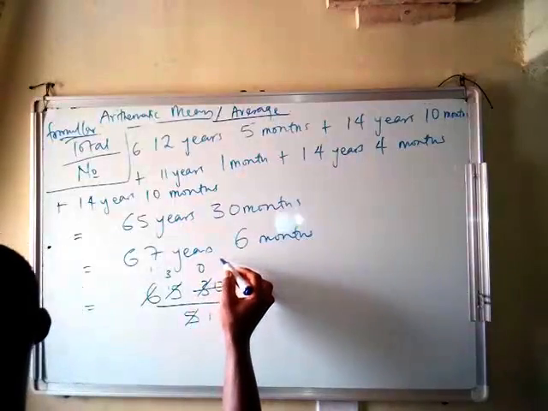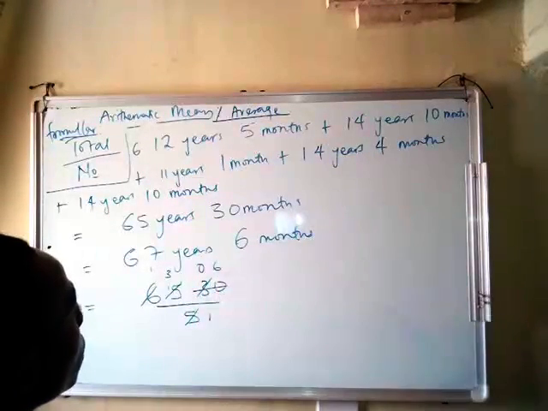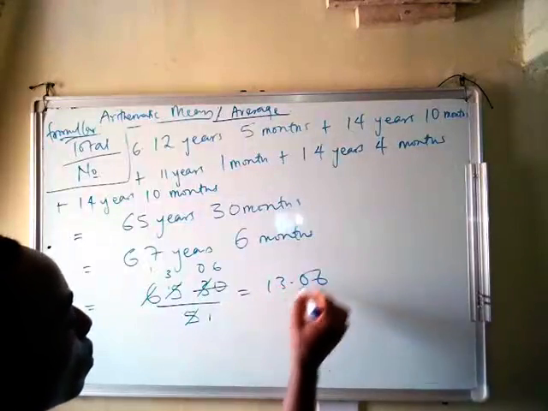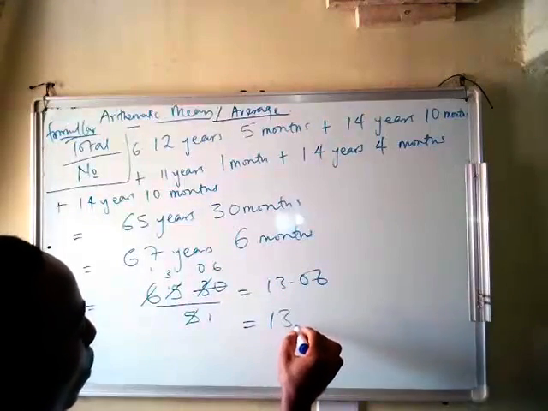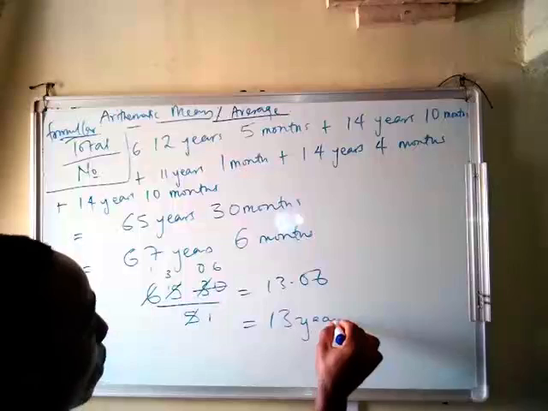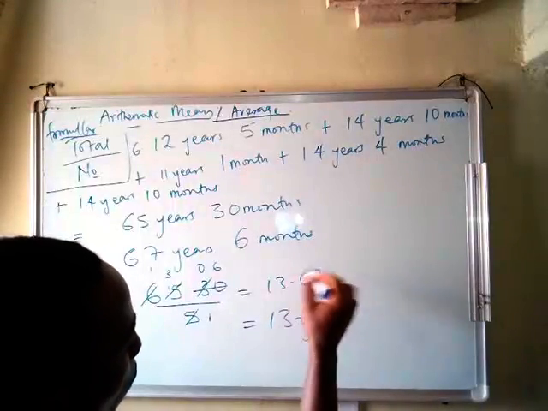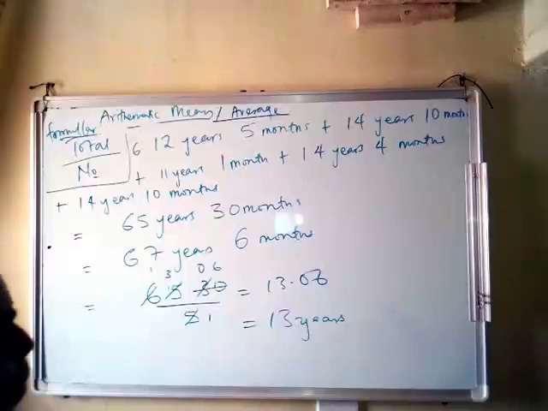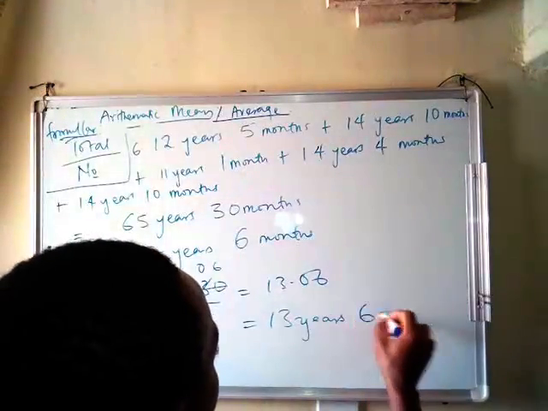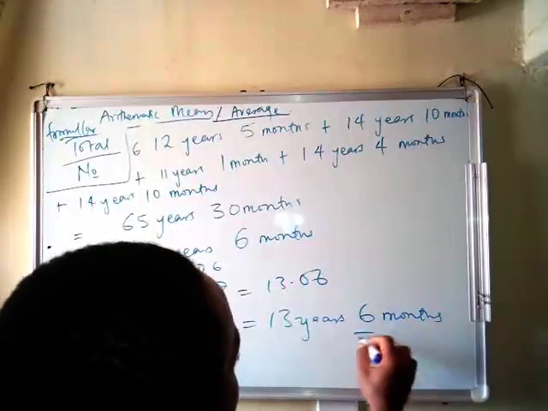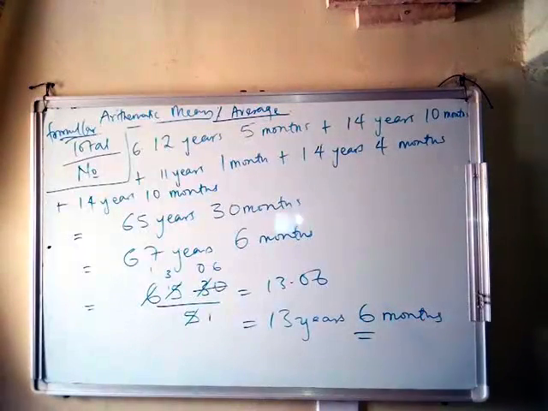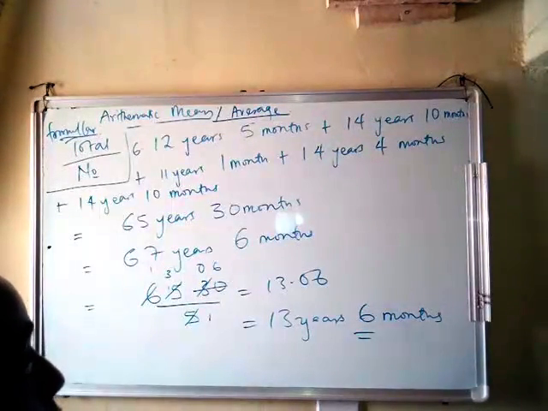So we have 13.06, which can be converted to 13 years, 6 months. So that's the average that we have. All right, I hope you got all that.